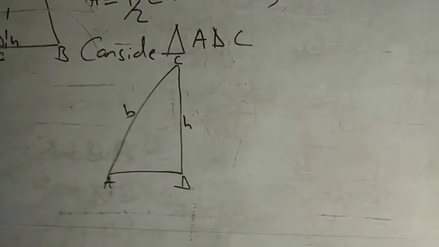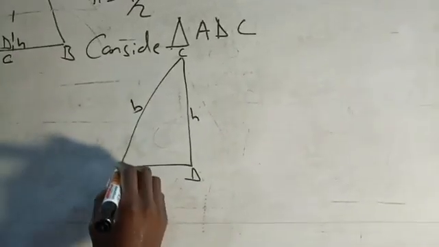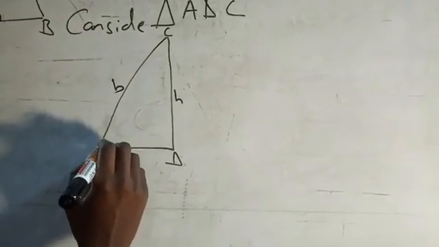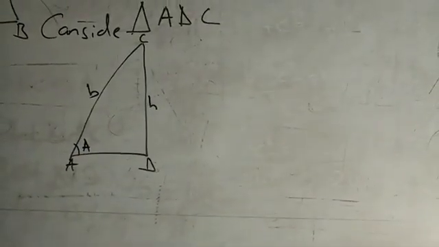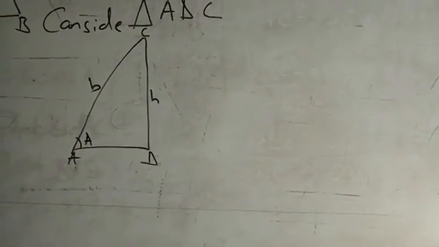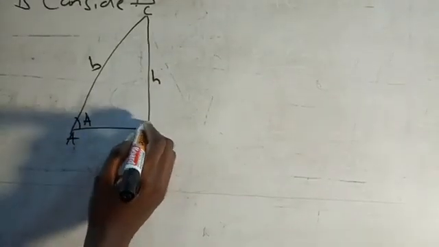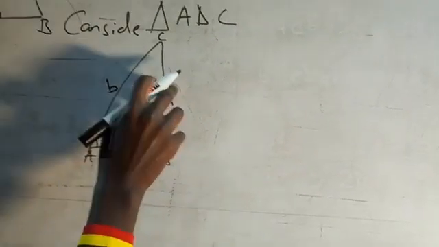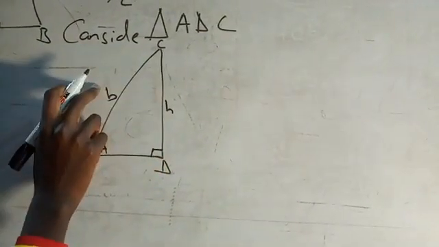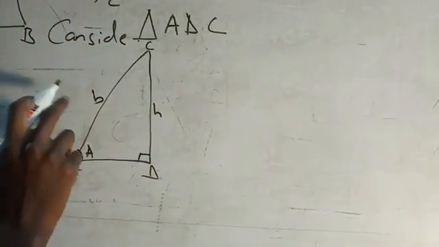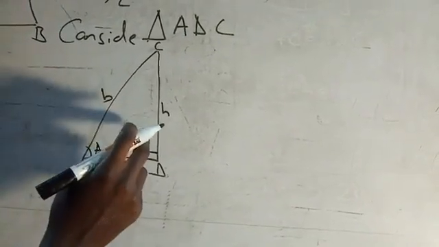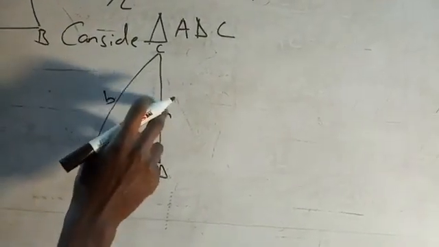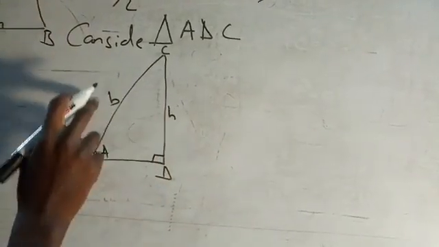So here this is sine angle A. Here we can see that we have the opposite and the hypotenuse, and the sine ratio deals with the opposite and the hypotenuse.